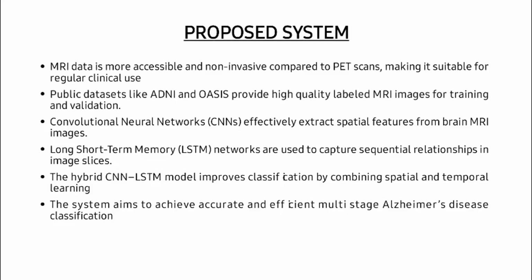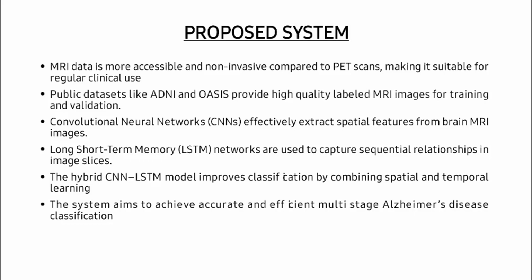Proposed system. Our proposed system addresses these limitations. We use MRI data, which is more accessible and non-invasive than PET scans, and leverage the public data sets like ADNI or OASIS for the training.